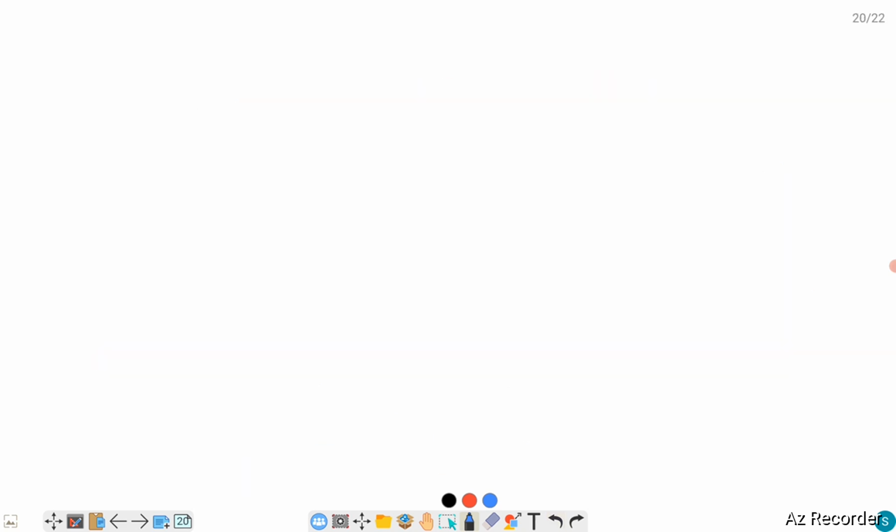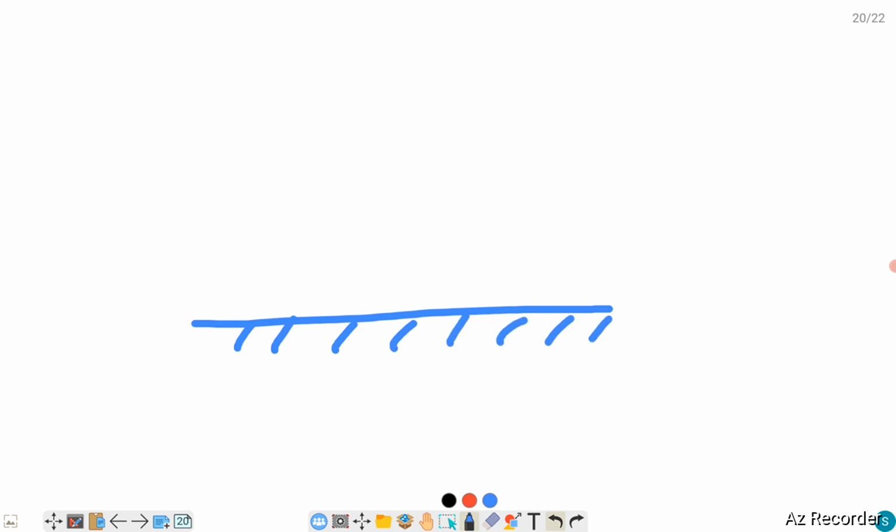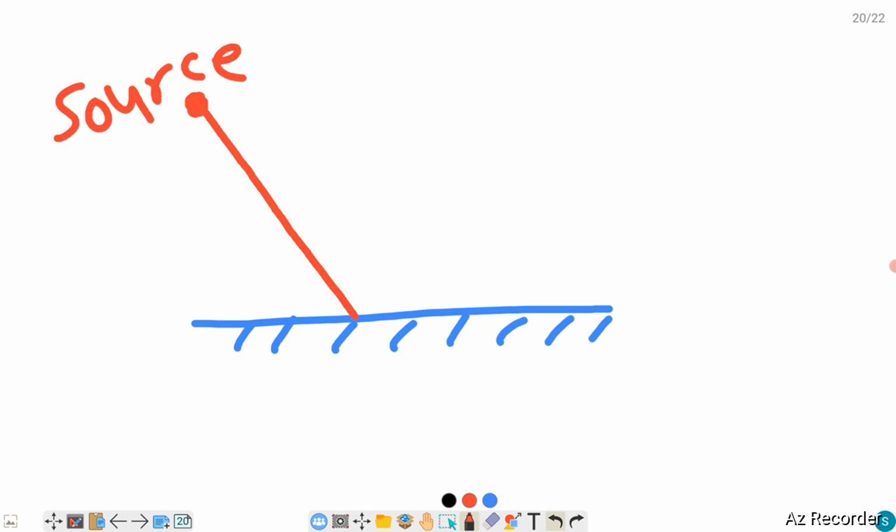Now I am just taking a plane mirror. Okay. Now we need source of light. From the source of light, we'll have light rays coming and falling on this surface. Now this light ray, which is from the source, that light ray is called as incident ray.